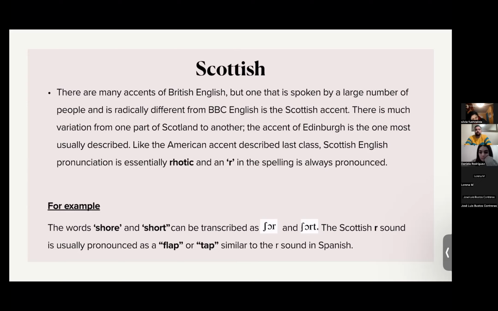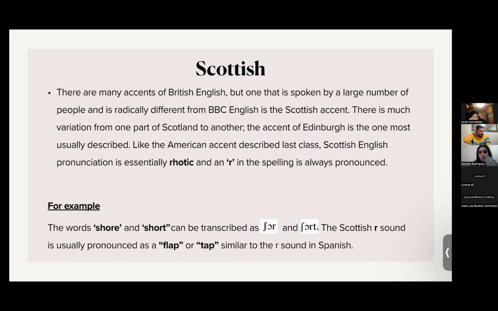Same thing with stress. For example, last class I taught you that we know that we have to say realize. However, we might face other accents and people tend to pronounce realize with stress on the second syllable. So remember, that's phonetics, and phonology is they set the rules.